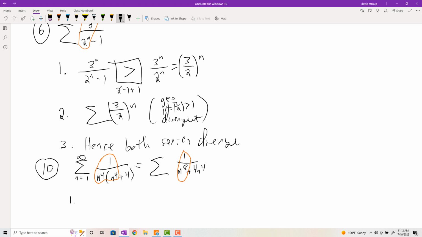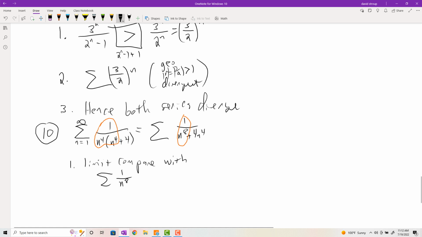So the series you're comparing it with, I'm going to do a limit comparison with the series 1 all over n to the eighth. Okay, and this time it's a p series, right? So it's a p series. P is equal to 8, and it's convergent.